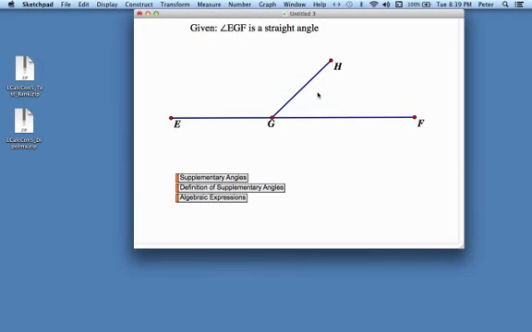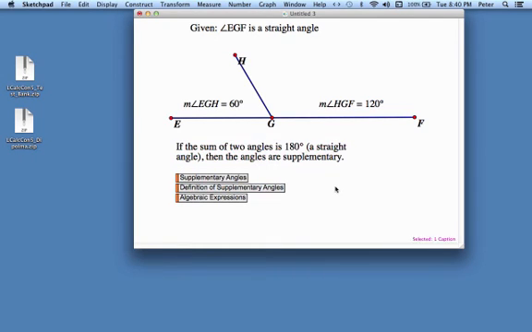Okay, now imagine you were given a straight angle, like EGF, and there was another angle, like HGF, such that EGH plus HGF added up to that straight angle. We would call these two angles a linear pair, and they would also be known as supplementary angles.